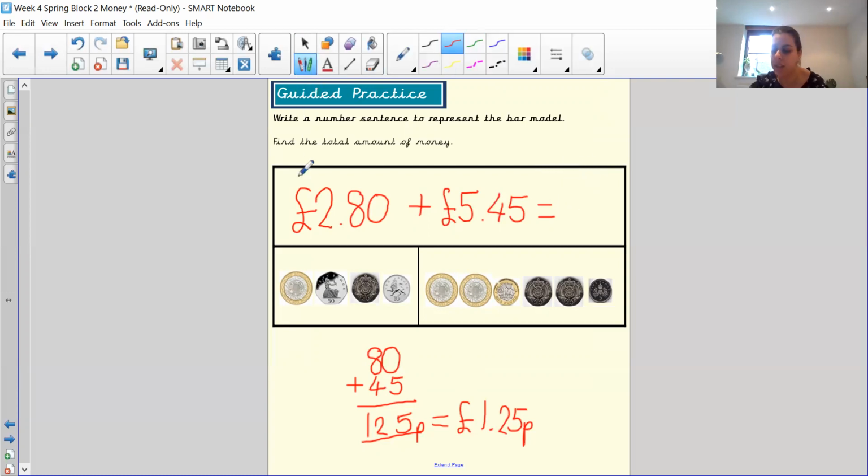I'm going to change it. So it's going to be £8. And so I've got left over 25p. There's my total. Fantastic. Well done if you got that. That's so good. You're now understanding how to convert the pounds and the pence. So well done. That's really good.